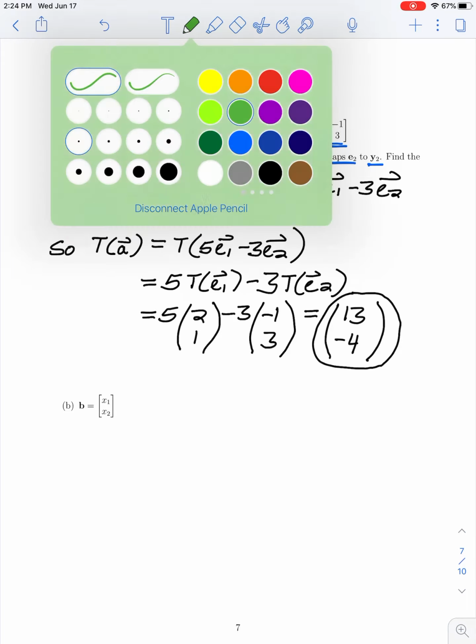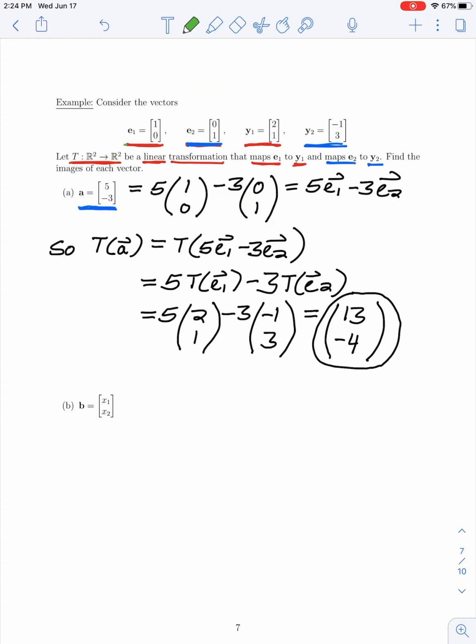Again, this is illustrating something we're going to consider a bit more in the next section and later in the course, where these two vectors, E1 and E2, are called the standard basis vectors for the plane, and these allow us to rewrite any vector as a linear combination of those two vectors.